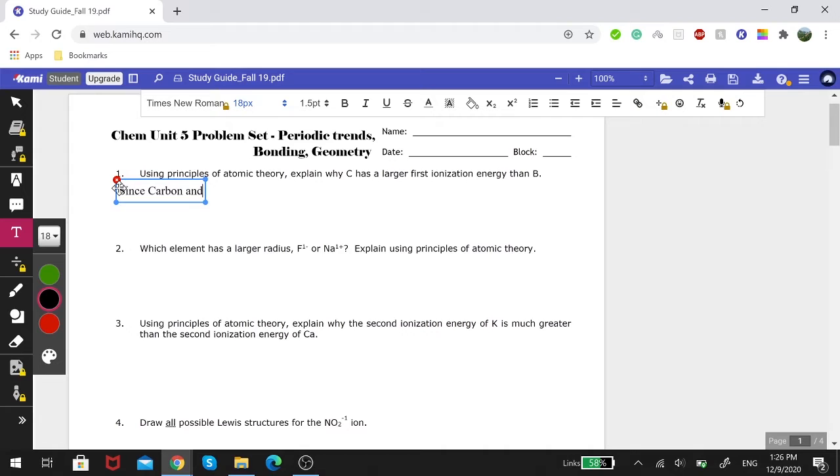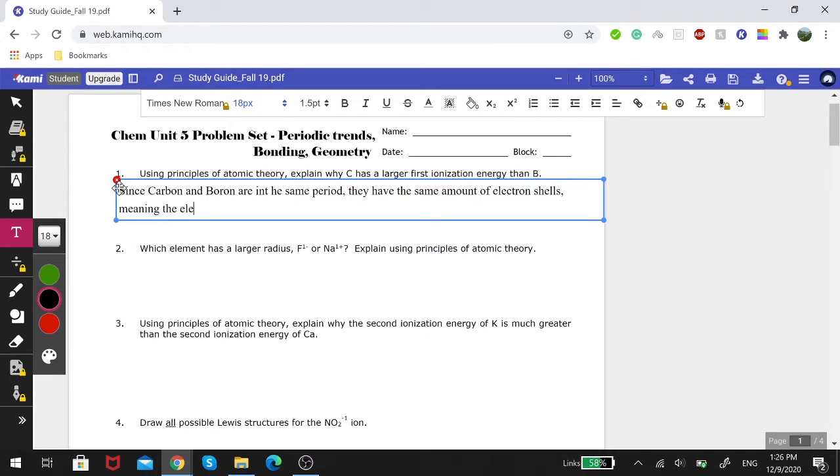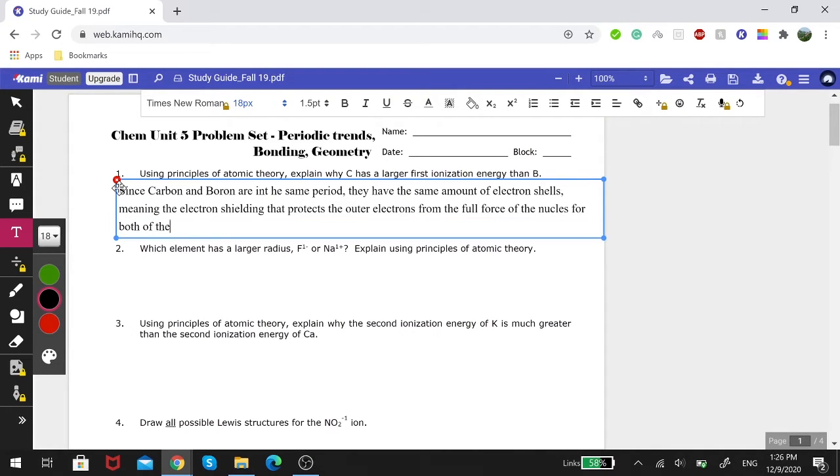Since carbon and boron are in the same period, they have the same number of electron shells, meaning the electron shielding that protects the outer electrons from the full force of the nucleus is the same for both of them.